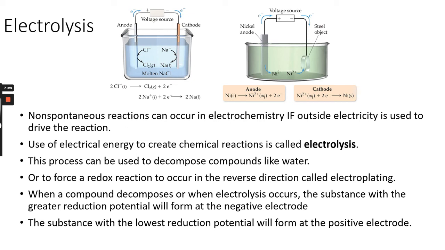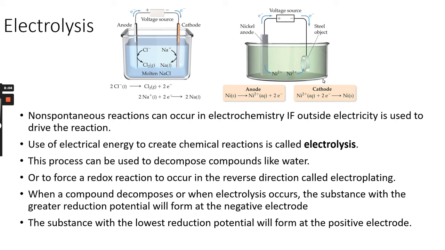If you want to get sodium and chlorine gas, you can melt the salt, then run a current through it, and you can get liquid sodium out, and the bubbles will be your chlorine gas, which you can collect and have a nice pure sample of your elements. Electrolysis can be used to separate elements from their compounds, or it could be used to deposit coatings on stuff. In this diagram, you have a steel object, and you're depositing a coating of nickel on it.